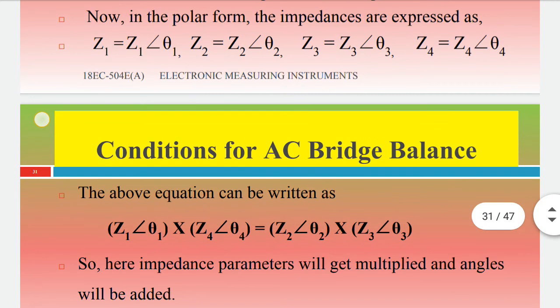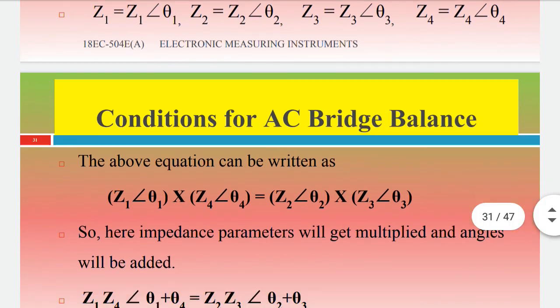We can obtain the condition for the AC bridge balance, that is Z1 Z4 equal to Z2 Z3. In the polar form, Z1 angle theta 1 into Z4 angle theta 4 is equal to Z2 angle theta 2 into Z3 angle theta 3.